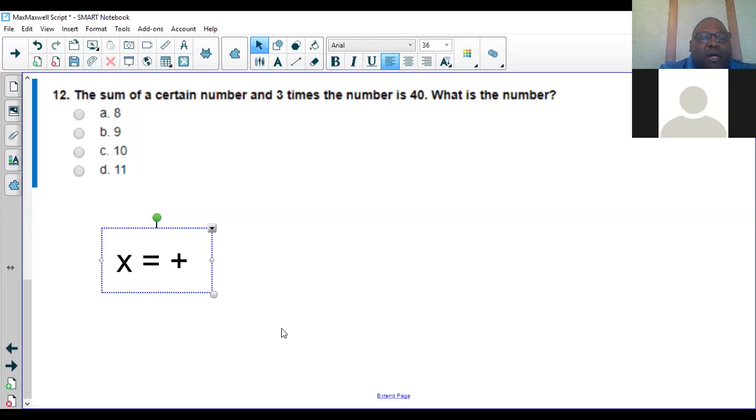3 times a number. So 3 times a number, we could write like this. The sum of a certain number and 3 times the number is 40.